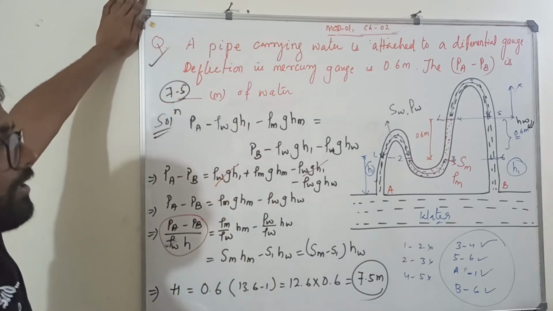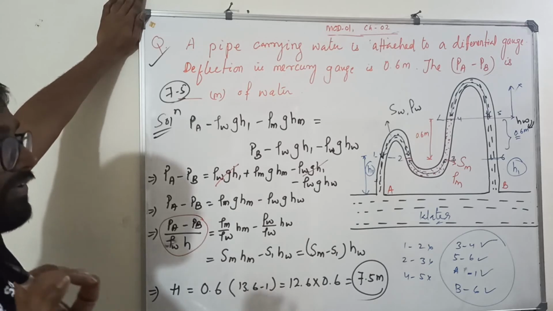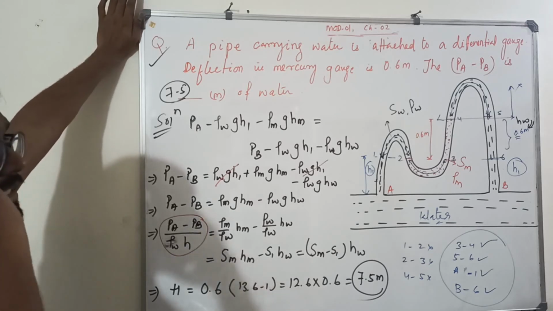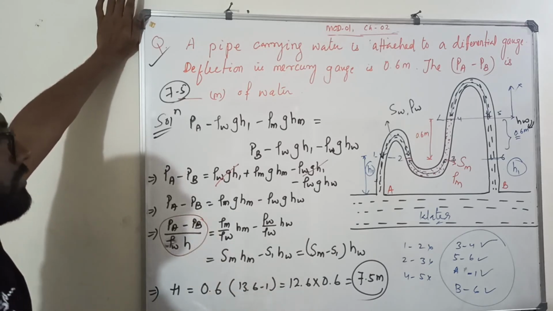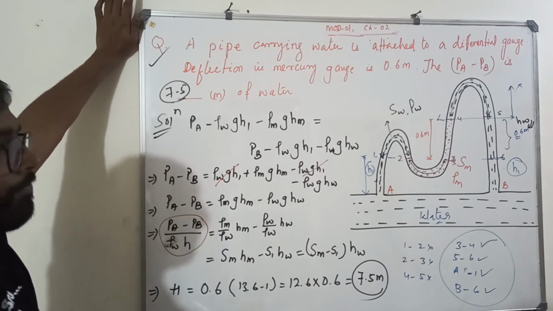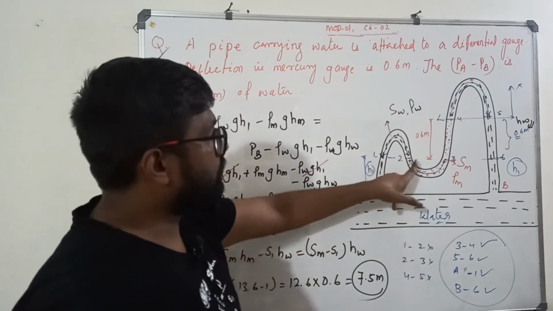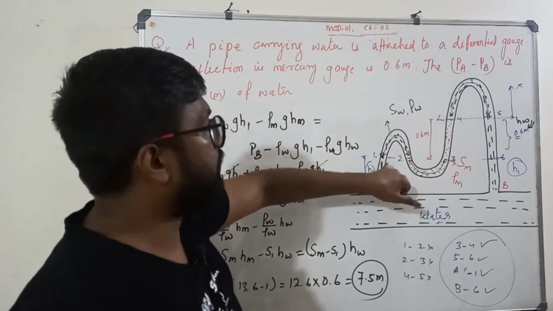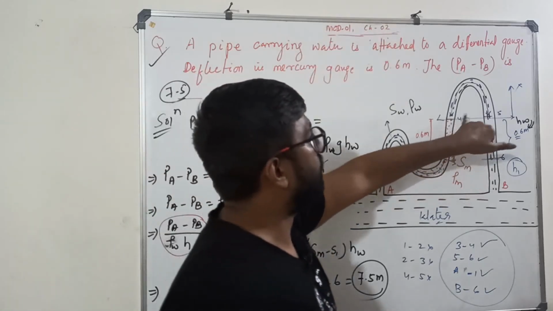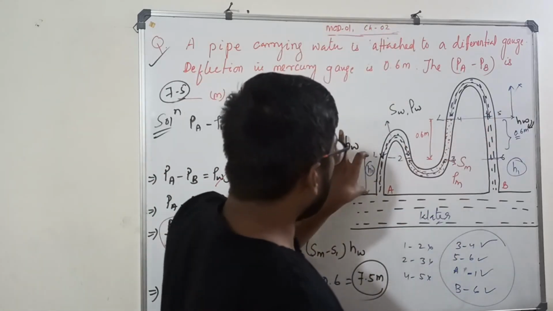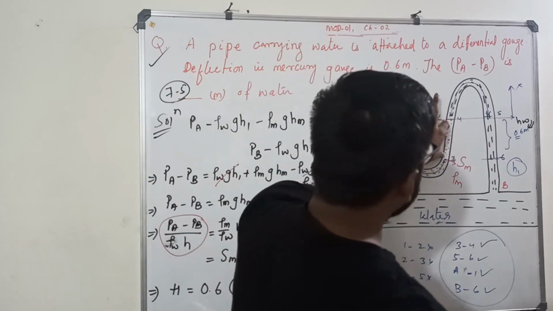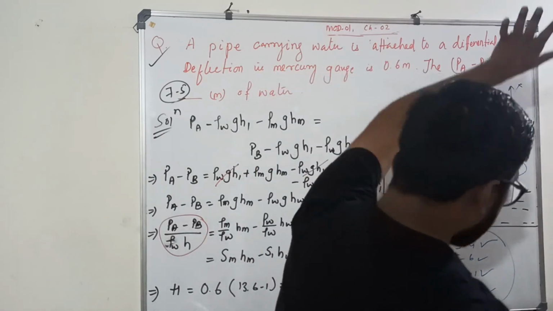Understood? See, these questions will freak you out, but these are easy. You have to use your brain a little bit and you need not get confused. From 1, 2, 3, 4, 5, 6, that's why we made points. 1 to 2 cancel, 2 to 3 cancel, 4 to 5 cancel. So remaining is what? A to 1, 3 to 4, B to 6 and 5 to 6.